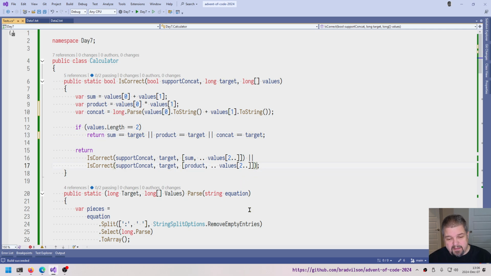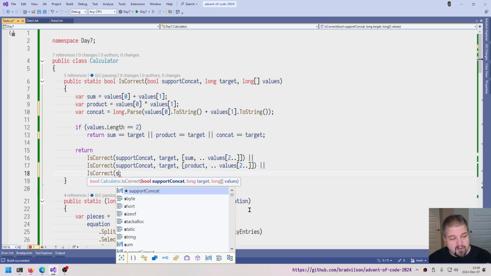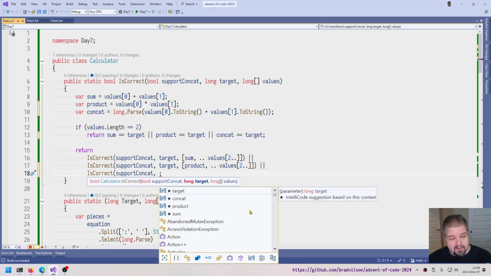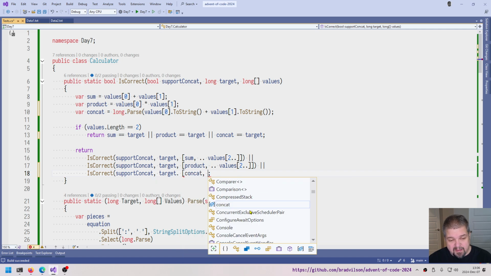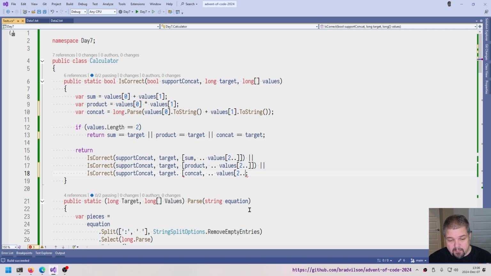And then the third thing we need to do is we need to recall with this target and concatenation and values sub 2. But we only want to call that if we know that we're supporting concatenation, right? There's really no point otherwise. So if we support concatenation, right? And then same thing here. We only want to return this as being valid if we support concatenation.